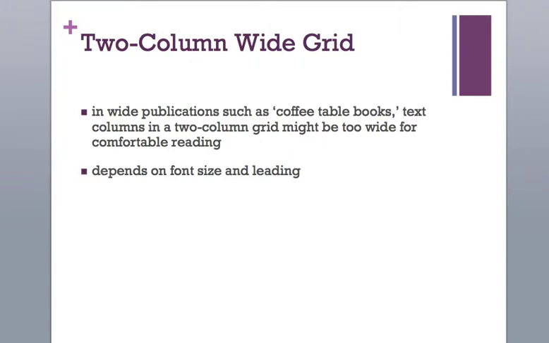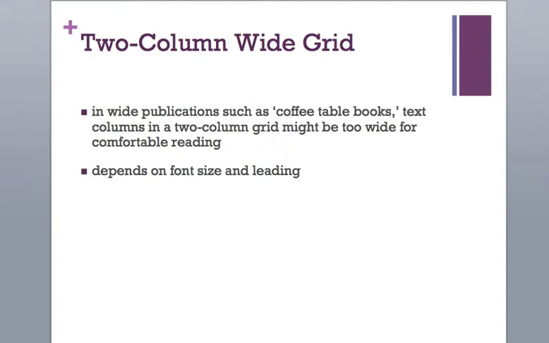So the next thing you might think about, and this is a little bit more fun, is that if you're doing a coffee table book or something like that, a two-column wide grid can be more fun because it has a little bit more of a sense of elegance, and it has about the same amount of flexibility.